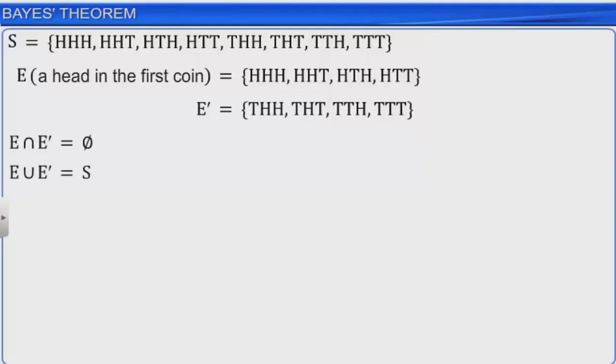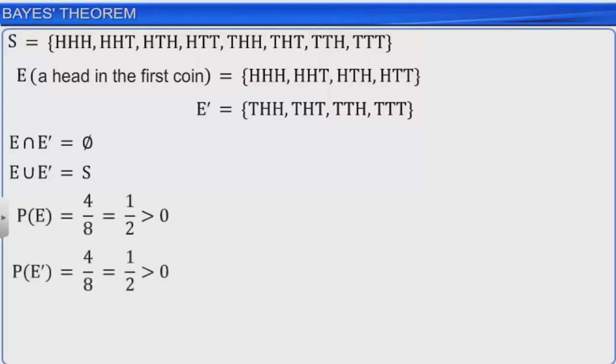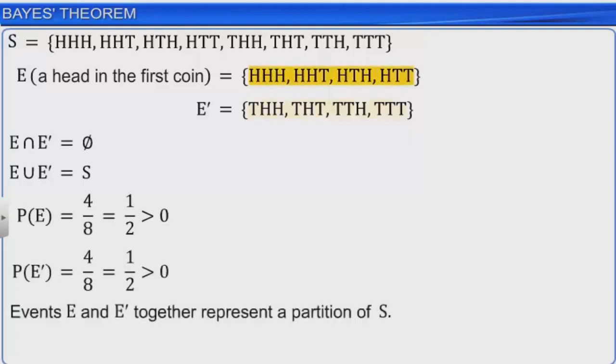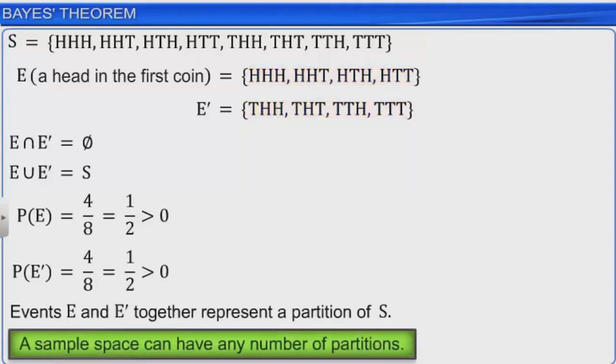Since events are non-empty, the probabilities of events E and E' are also greater than 0. Again, this shows that events E and E complement together represent another partition of sample space S. Likewise, we can have any number of partitions of a sample space.